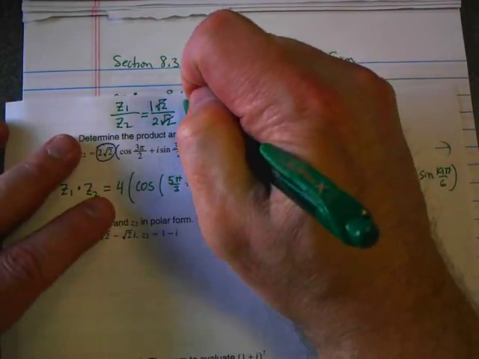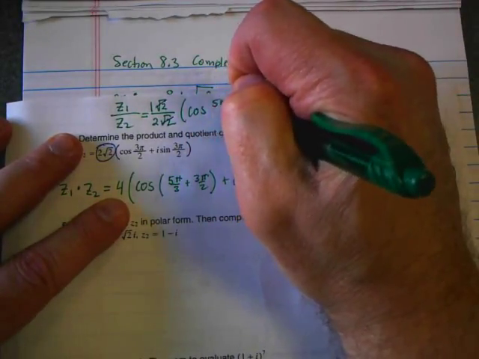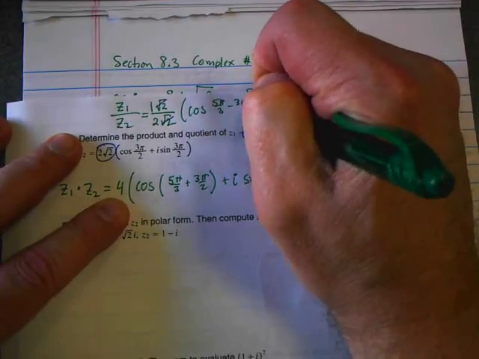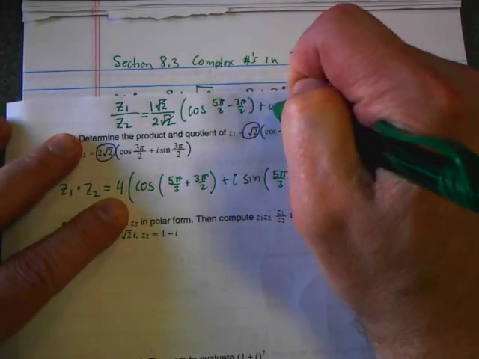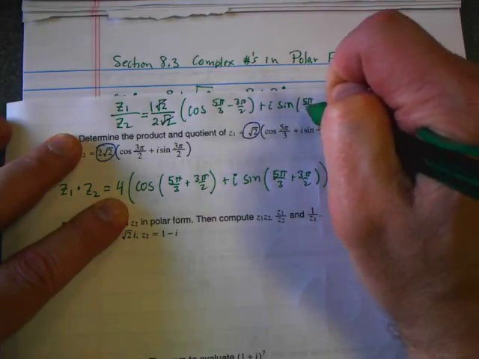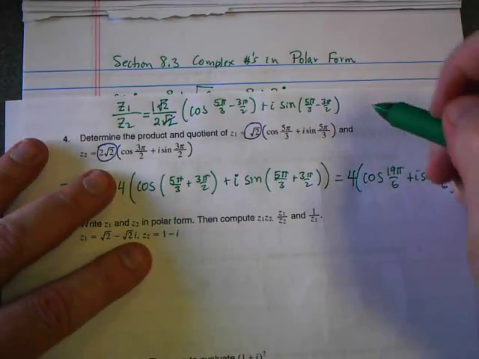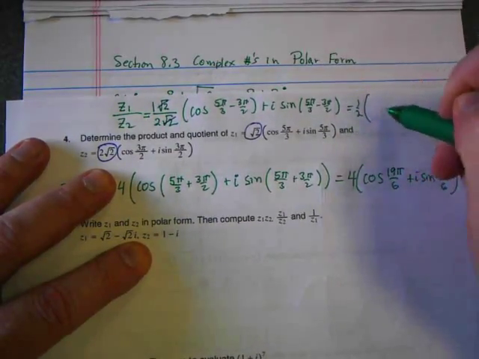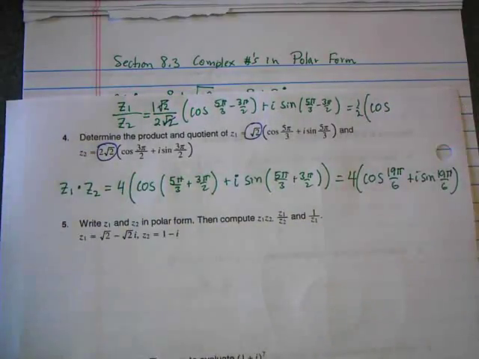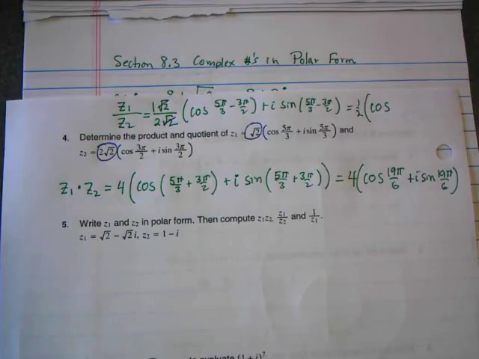And then you're going to have cosine of 5 pi over 3 minus 3 pi over 2 plus i sine 5 pi over 3 minus 3 pi over 2. Final answer has a 1/2 cosine. Again, you grab your calculator. What's 5 pi over 3 minus 3 pi over 2? Again, forget about the pi's for a minute. Do 5 over 3 minus 3/2.